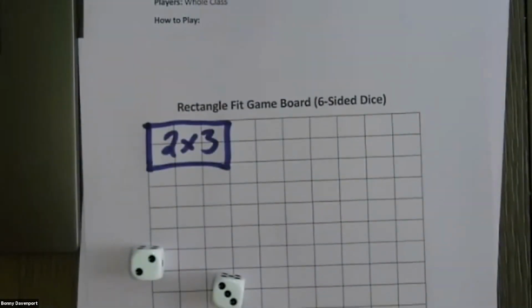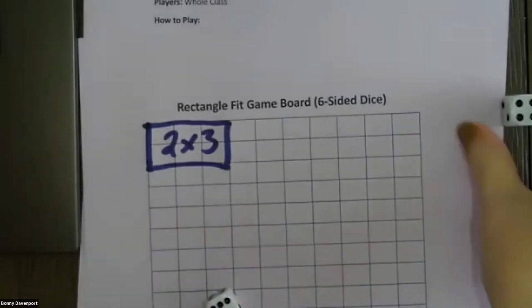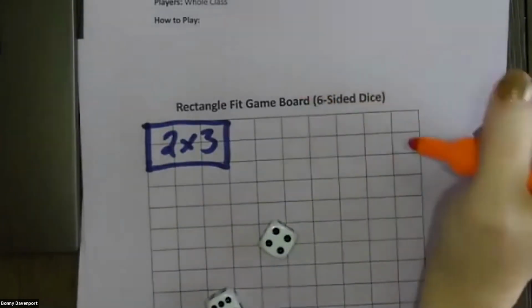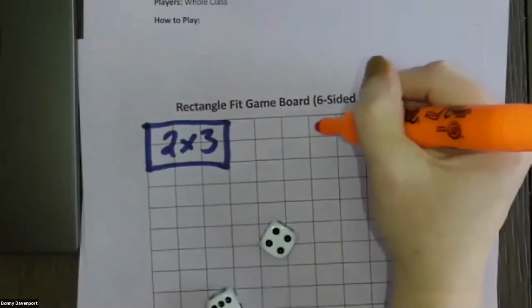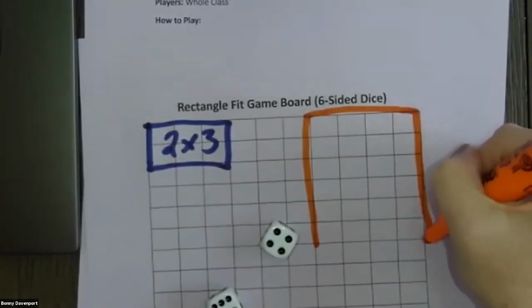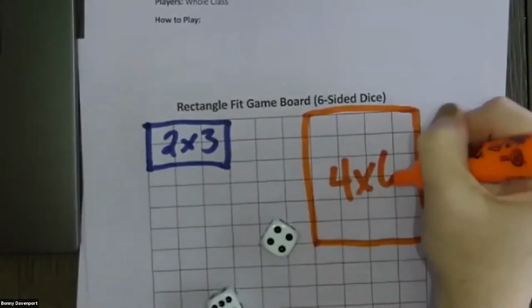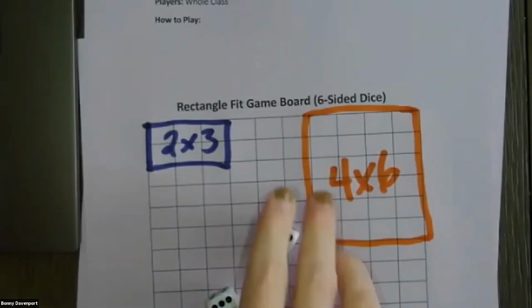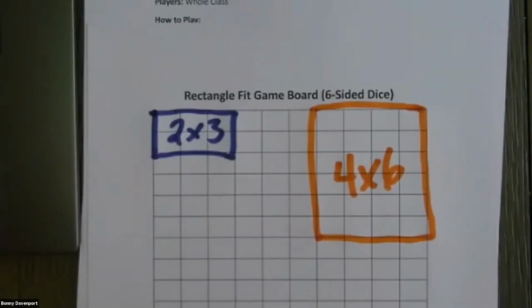And so then my partner is going to roll, and they have a 4 by 6. And they can decide where they want to put that anywhere on here. So 1, 2, 3, 4. Okay, so I'm going to do a 4 by 6 here. And you're going to keep rolling until you can't fit any more products on your game board.